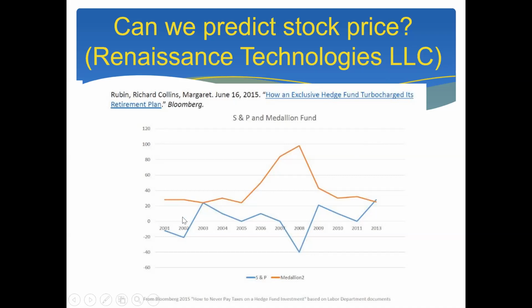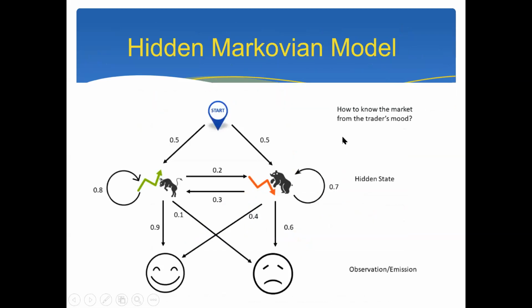They have made money by applying models to the stock price and predicting it. Right? So they are successful, and the founders are mathematicians. So they earn money by building models to predict the stock price. So this gives us hope to build a model and predict the stock price.